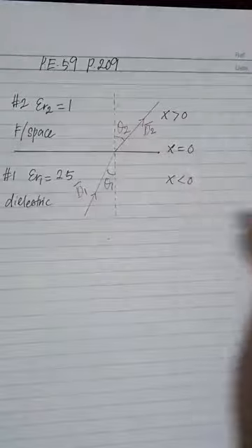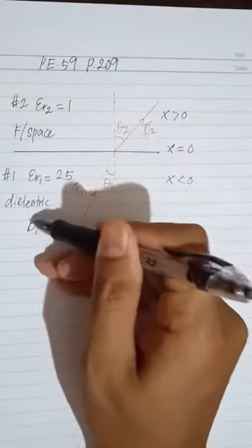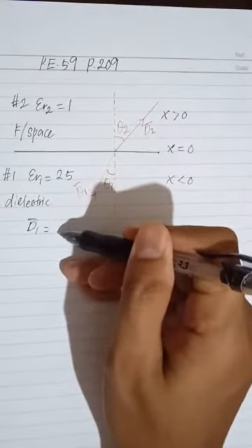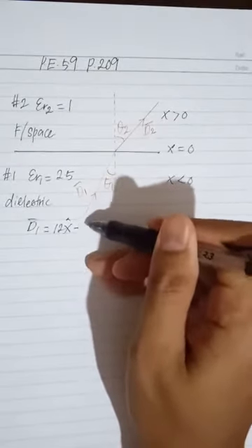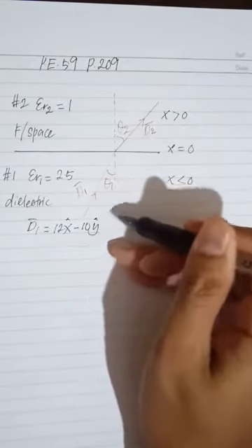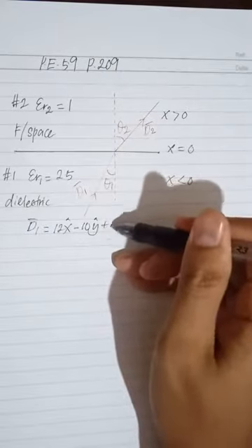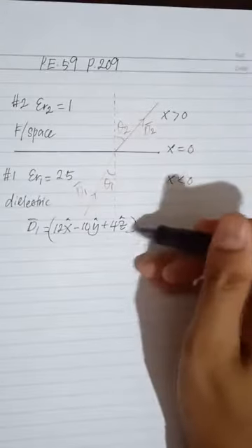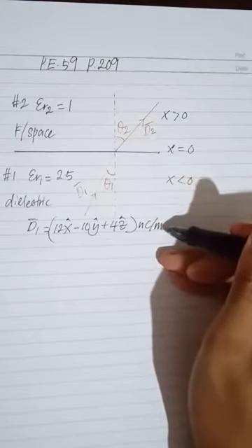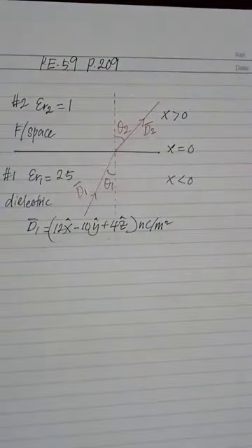So now since we are given the D1 vector, right, the D1 vector given as 12 x component minus 10 y component plus 4 z component nanocoulomb per meter squared.